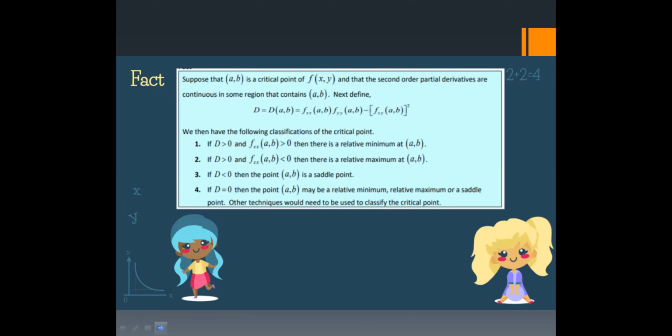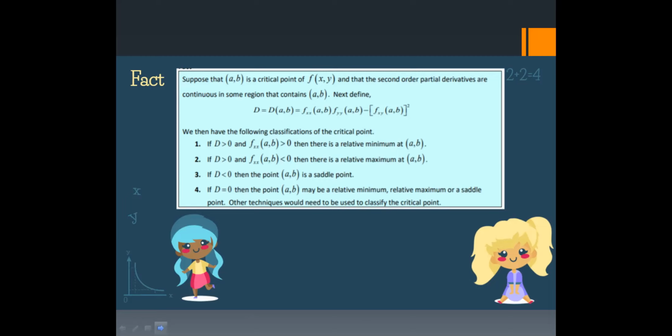Then D is equal to the second order partial derivative of f with respect to x times the second partial derivative of f with respect to y, minus the square of the mixed second order partial derivative of xy, considering the critical points.